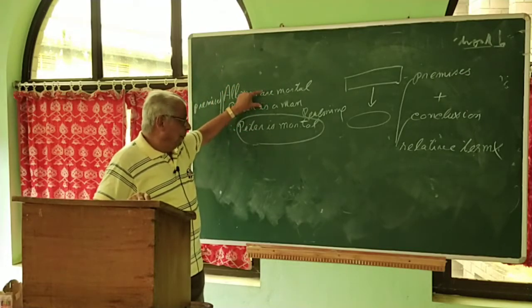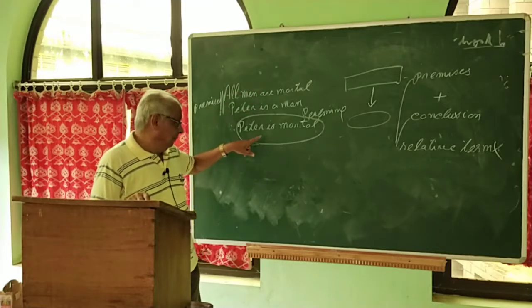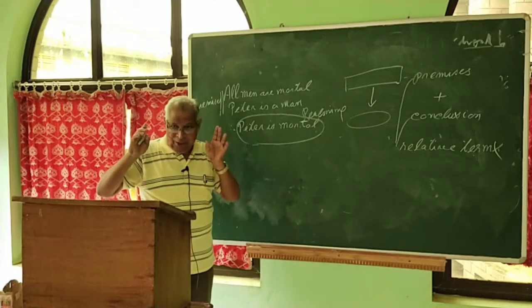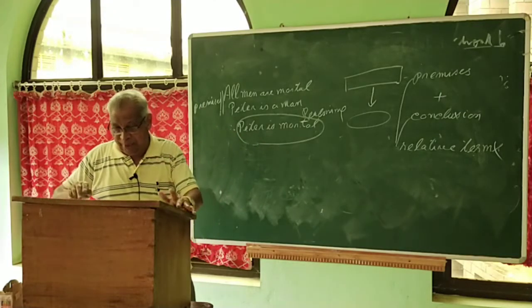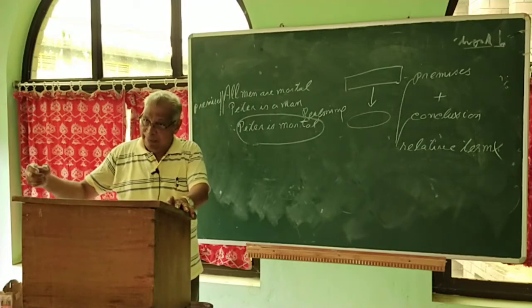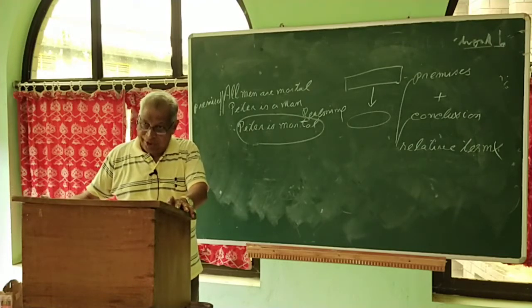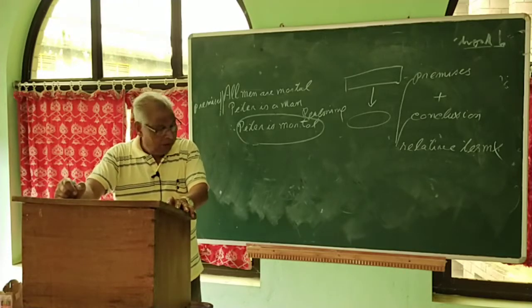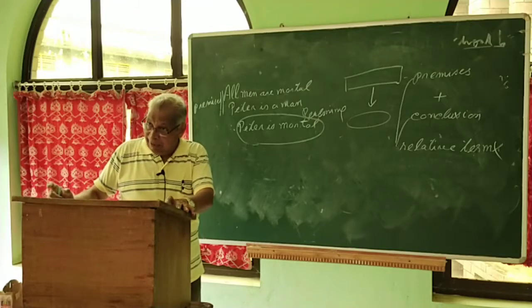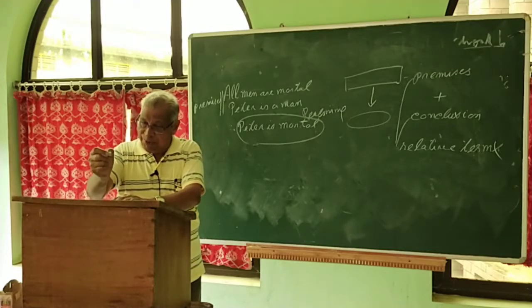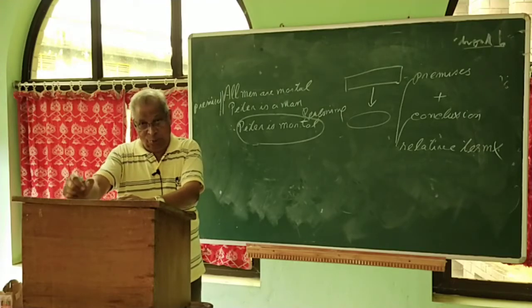In relation to these premises, Peter is mortal is a conclusion. So, looking at the shape of the proposition, we will not be able to understand whether it is a premise or a conclusion. It can be a premise, it can be a conclusion. In relation to each other, a sentence or a proposition becomes premise or conclusion.